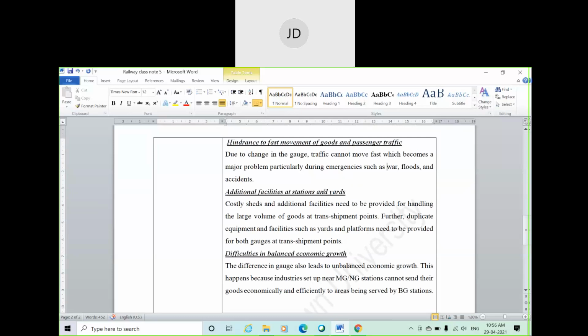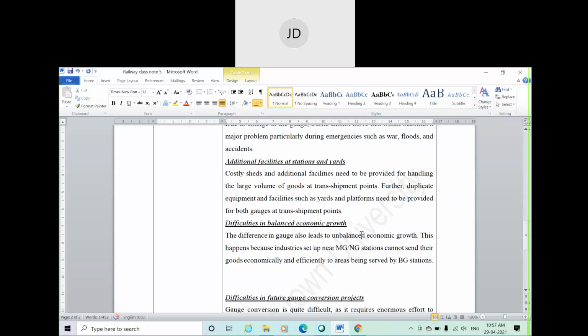Because of the double or multi-gauge system, we have to make the same facility or the same equipment double, for both gauges. If a particular station has two or multiple gauge tracks, we have to provide that facility for each individual track. That means duplicate equipment and facilities must be provided for each platform or each station yard.